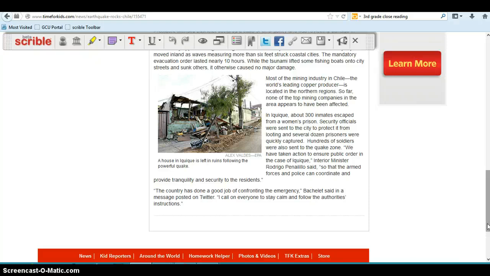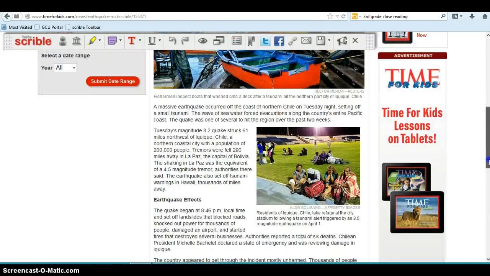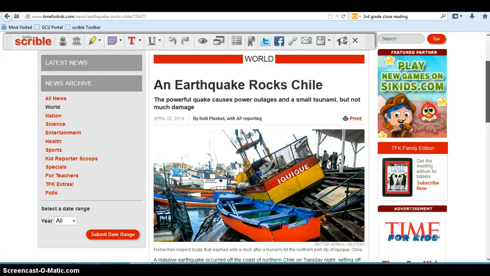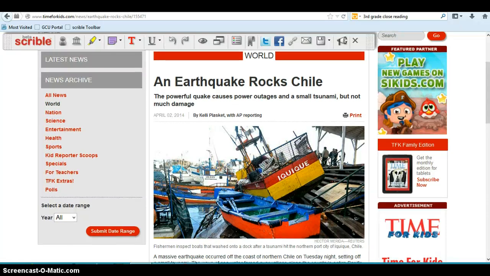So now I'm ready to think about the annotations I will make on this article. The first thing I'm going to look for is the main idea. I know that this article was about an earthquake, and it was also about a tsunami.